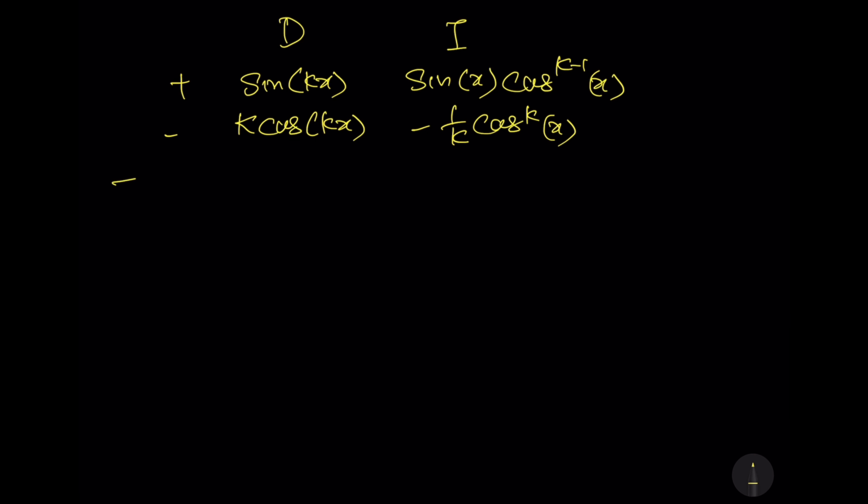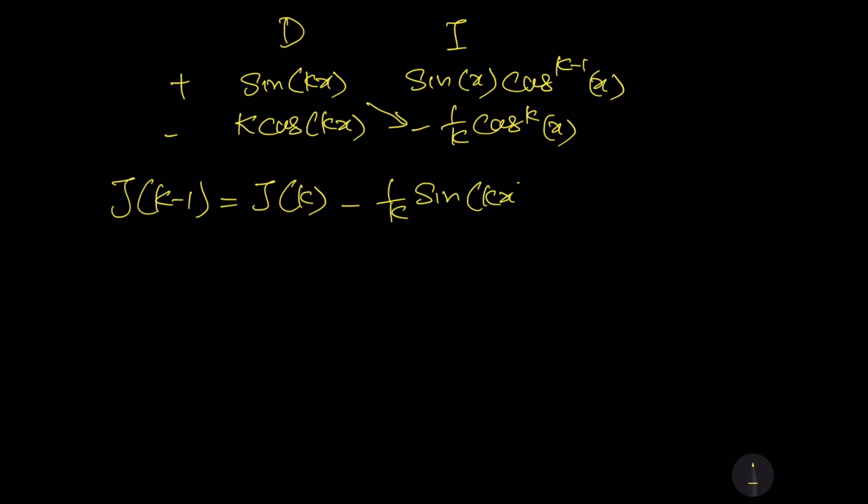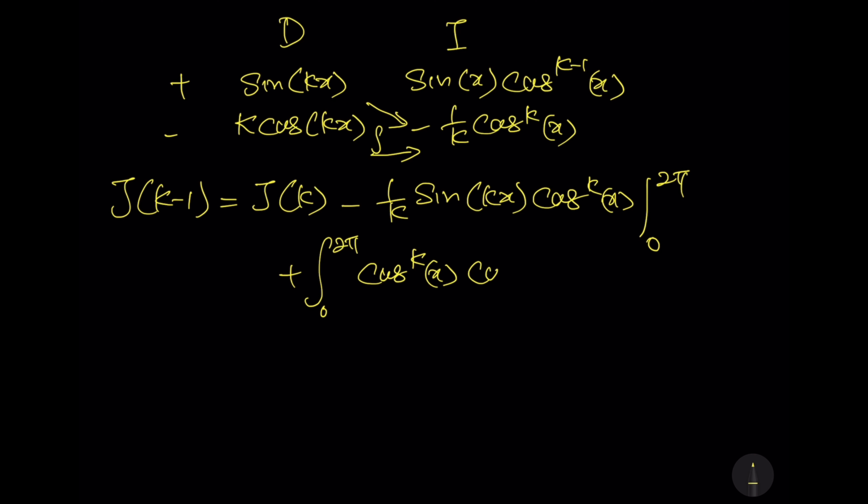From here, we obtain J_{k-1} equals J_k minus 1 over k multiplied by sin(kx) multiplied by cos^k(x), plus the integral from 0 to 2π of cos^k(x) multiplied by cos(kx) dx.